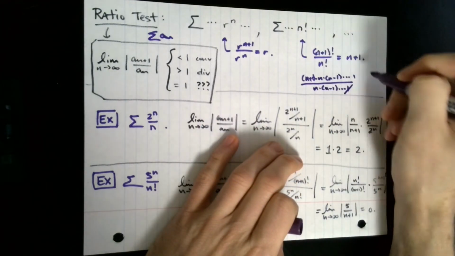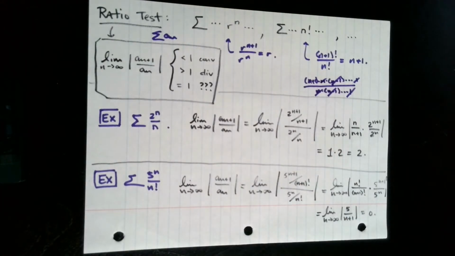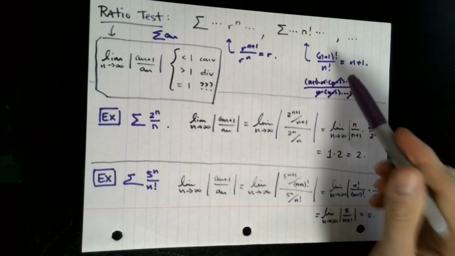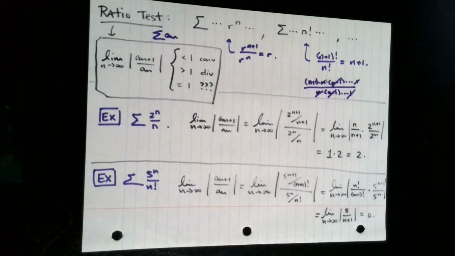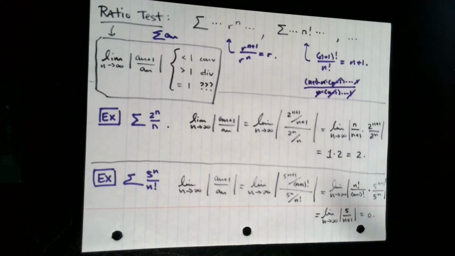Well, if you cancel accordingly, the only thing that's left over upstairs is a single factor of n plus 1. So, hey, factorials cancel really nicely when you have a ratio associated with a factorial, like the ratio associated with the ratio test.